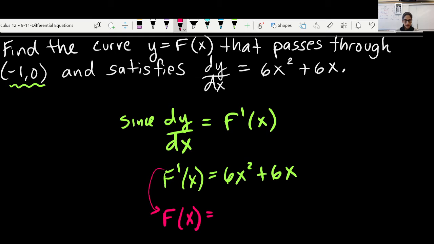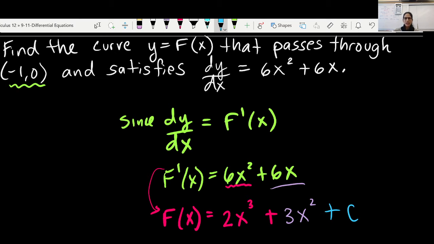So in order to think backwards in terms of what the original function must have been, if we take a look at this term and we're working backwards to find the original, then we would get 2x cubed plus, I'm going to do this in different colors, here we would have 3x squared. And then remember that at the end we always have plus c.